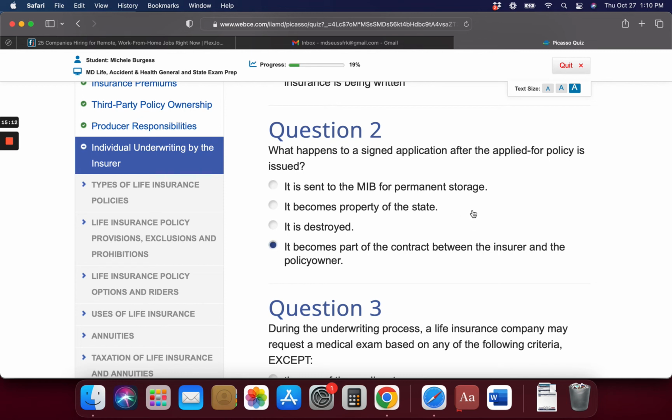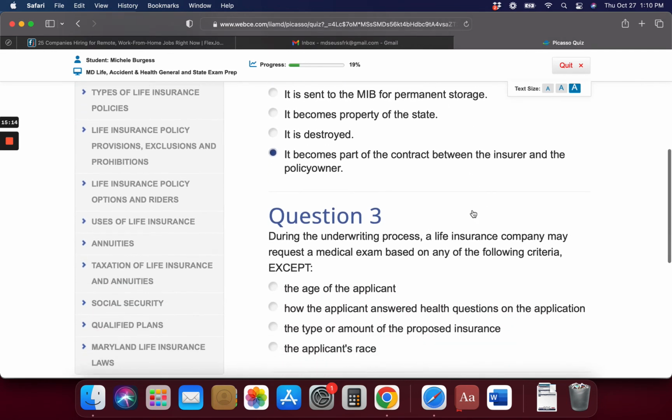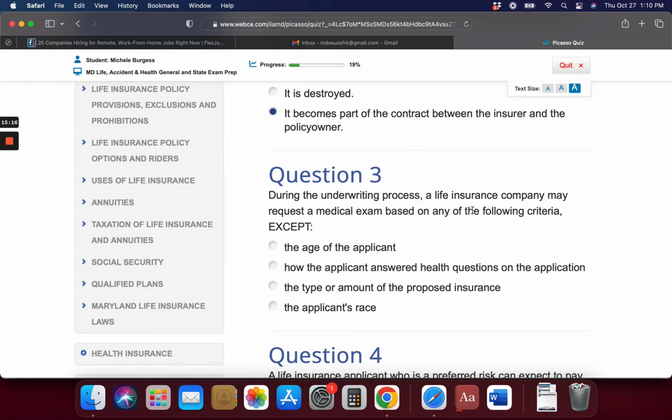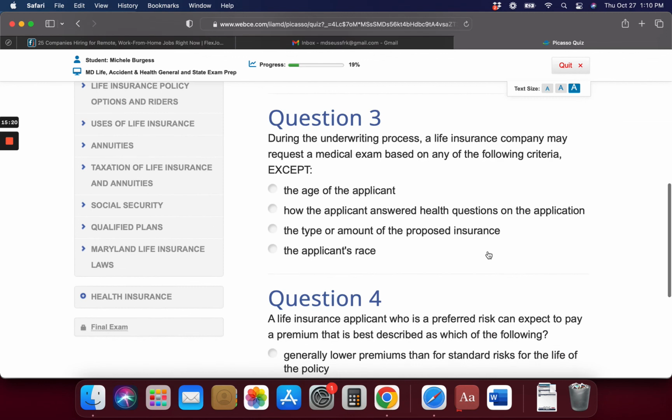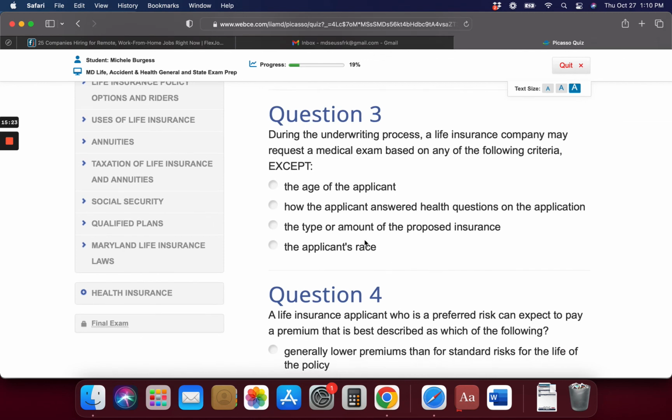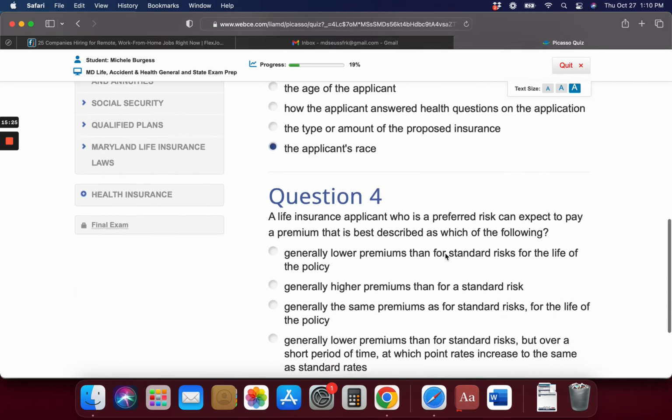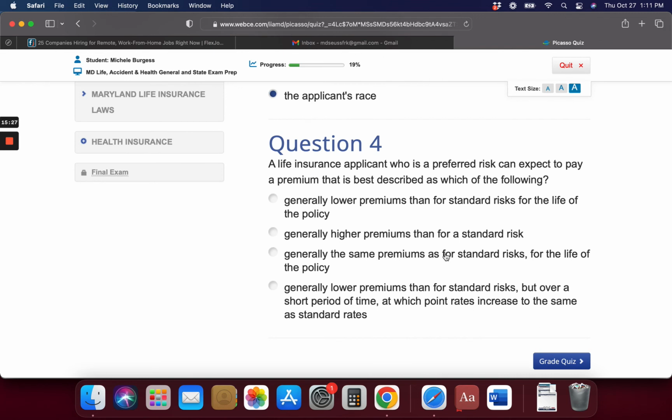It becomes part of the contract between the insurer and the policy owner. During the underwriting process, a life insurance company may request a medical exam based on the following criteria, except the applicant's race. A life insurance applicant who is a preferred risk can expect to pay a premium that is best described as generally higher, I would think.